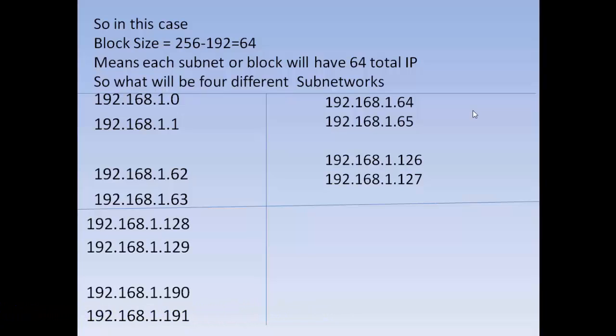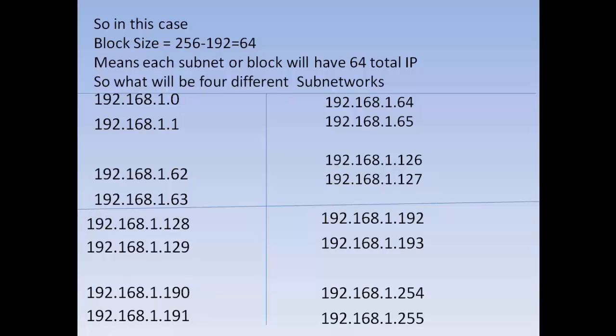First valid IP 129. Last valid IP 190, and 191 will be the broadcast. And here 192 will be the network ID, 255 will be the broadcast IP, and this will be the valid IP range.